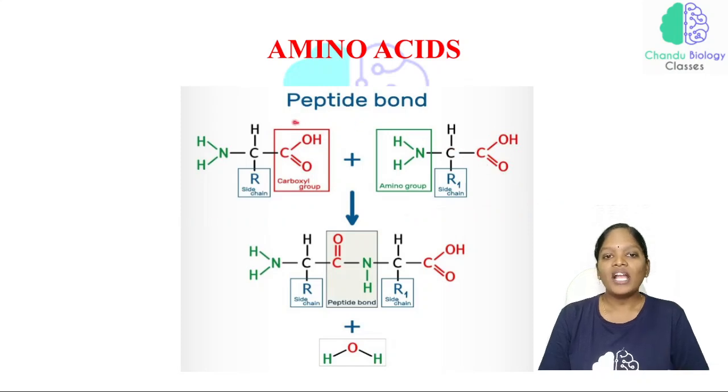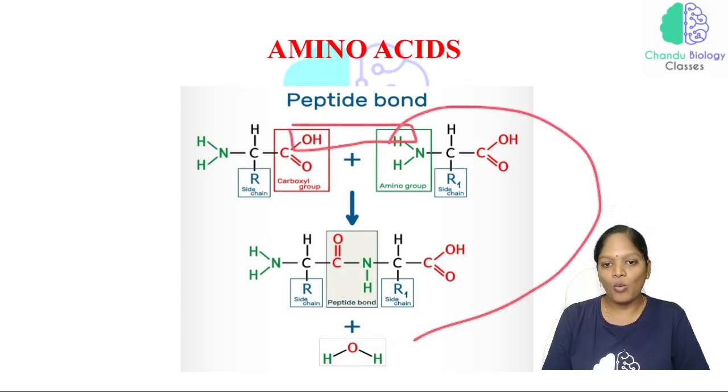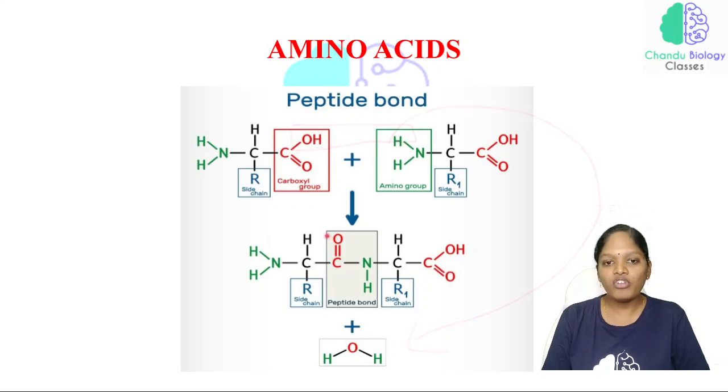Here the OH group belongs to the carboxylic group of one amino acid, and the hydrogen belongs to the amino group of the second amino acid. So they both are eliminated as water, and they form C double bond O and N single bond H.